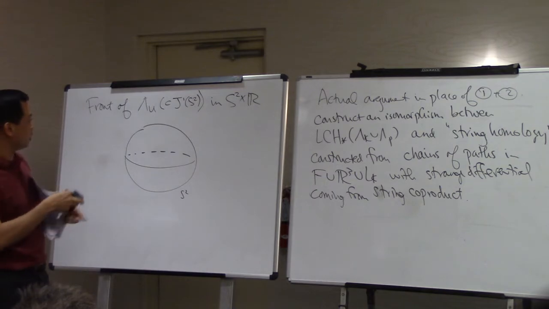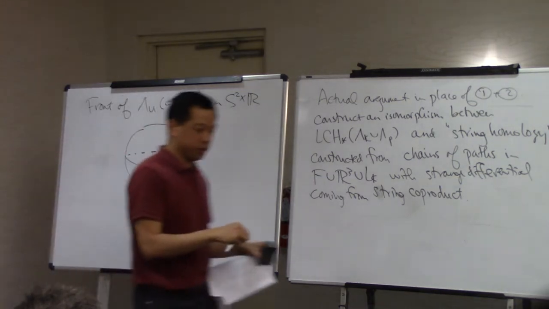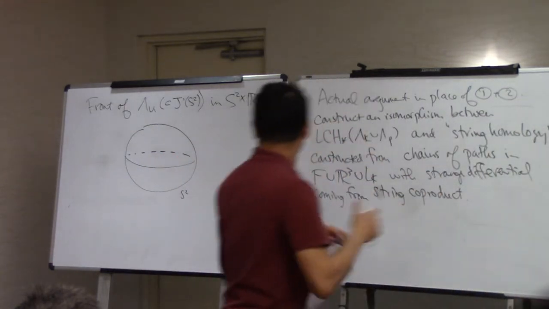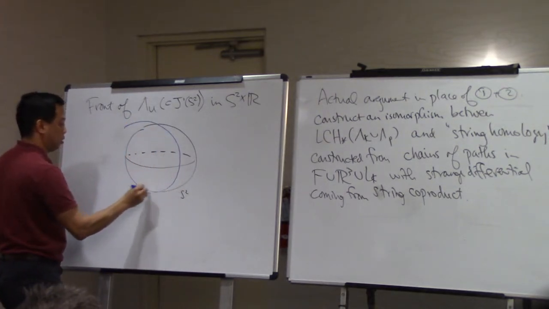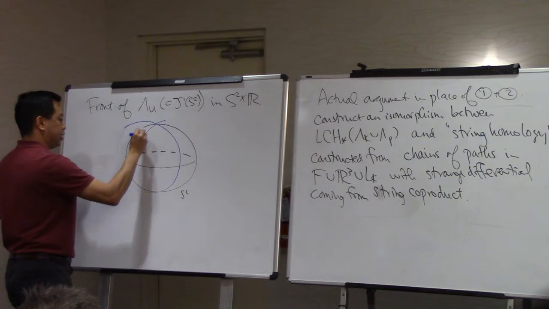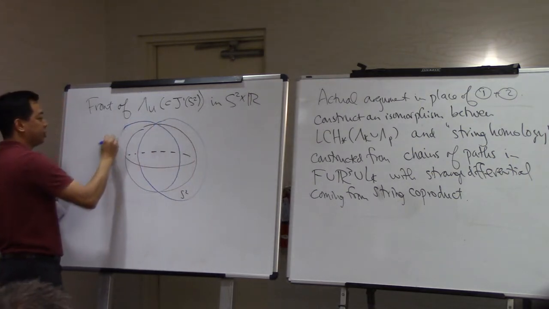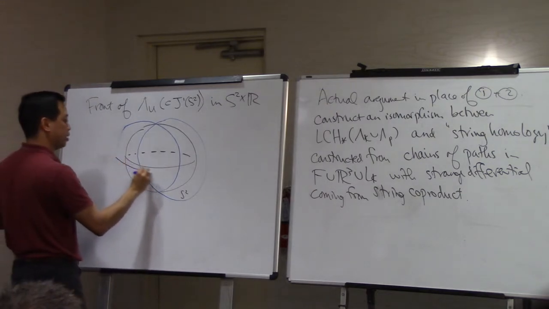I can draw for you what the front looks like. The front is a generically 2-to-1 map lying over S2, and it looks something like this. This is after the unknot has been perturbed a little bit. If you just take the flat circle unknot, then it doesn't quite look like this, but when you perturb it a little bit, it will look like this.